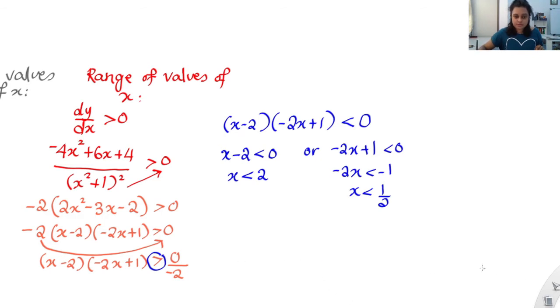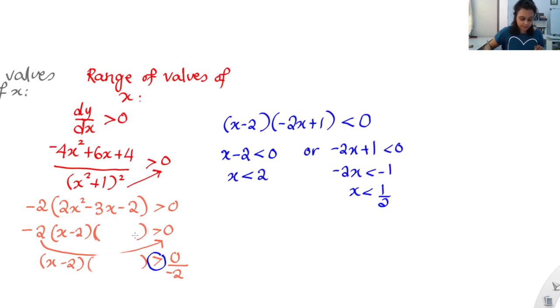Hold on, let me just check. This one, x minus 2 and 2x minus 1, because this part here we need to change. Let me select back again.